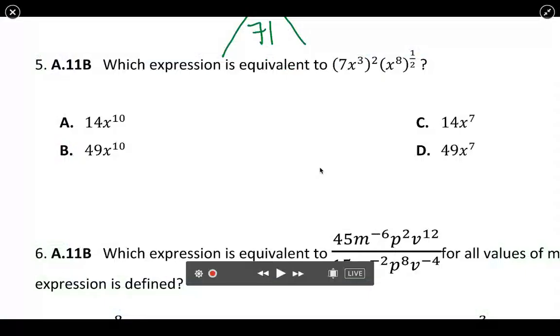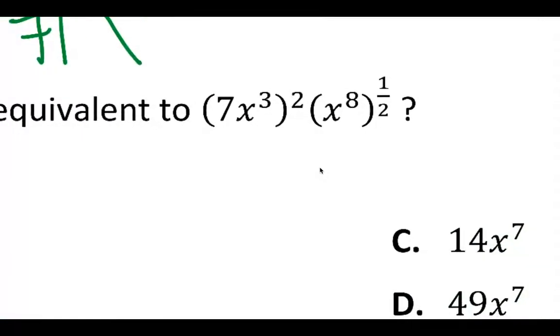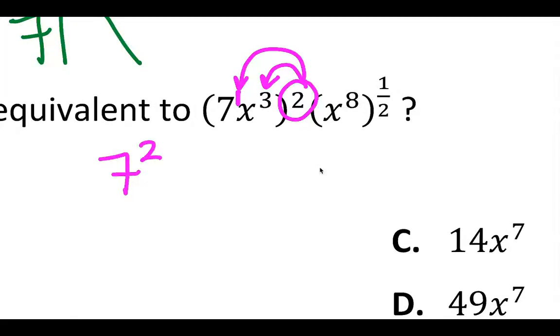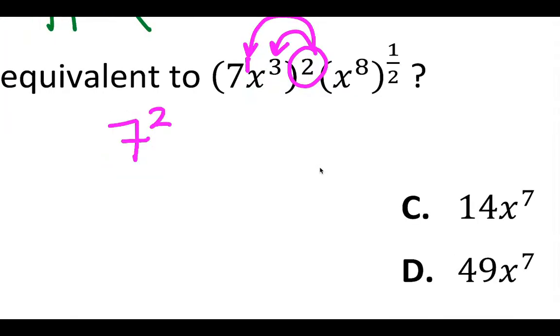Okay, so first we're going to have to do the power rule. So when I have an exponent, I've got to multiply by all the other exponents inside. And yes, even the whole numbers have exponents. They're going to have an exponent of 1. So I've got 1 times 2 is really 7 squared, which I can go ahead and say 7 squared equals 49, right?